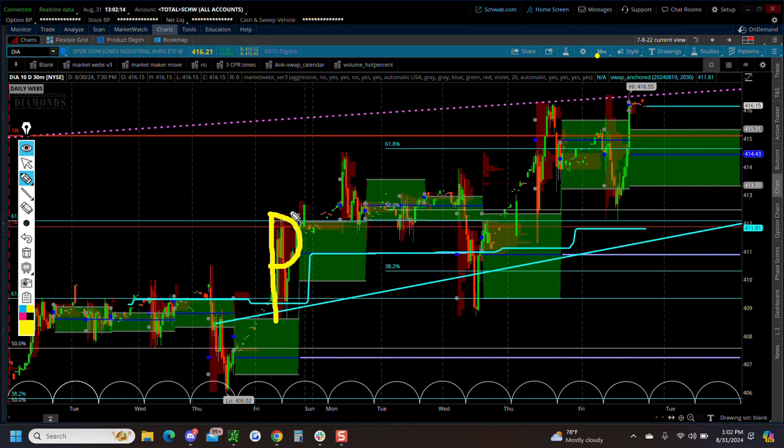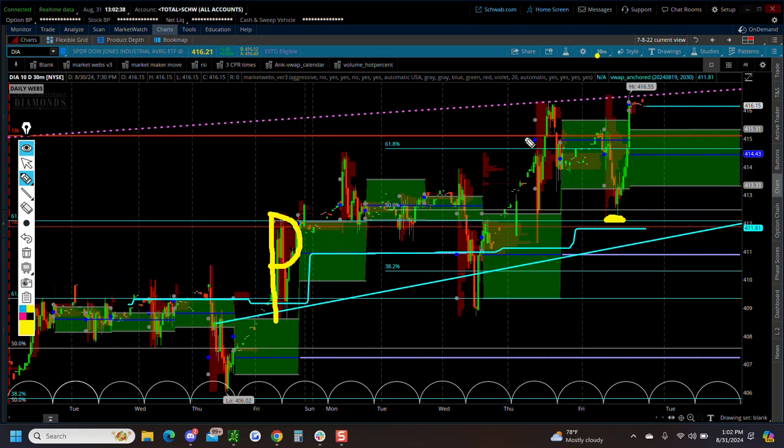That has acted as support right there. We came right down to that area, and they found support, and that happened Friday. Came right down to the support and rocketed right off that support. That's a nice little takeaway to think about the markets.